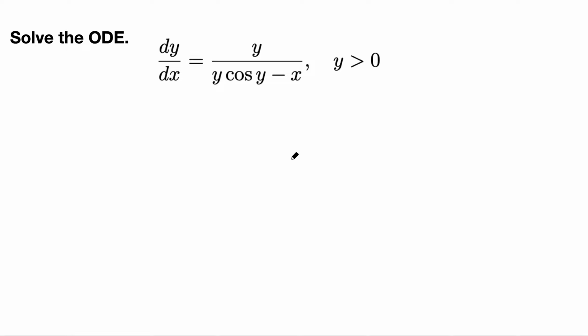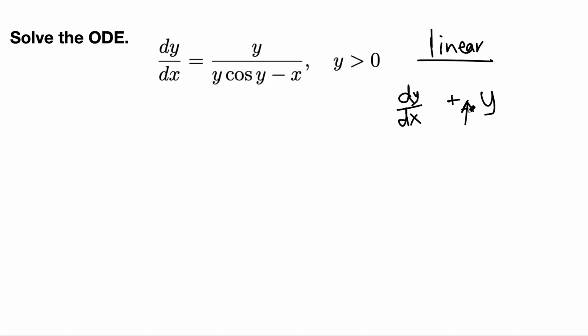Then let's try to make it linear. In the sense, what is a linear? Suppose we have y, that's the dependent variable, and then when we have dy over dx, there can be a function of this independent variable x.